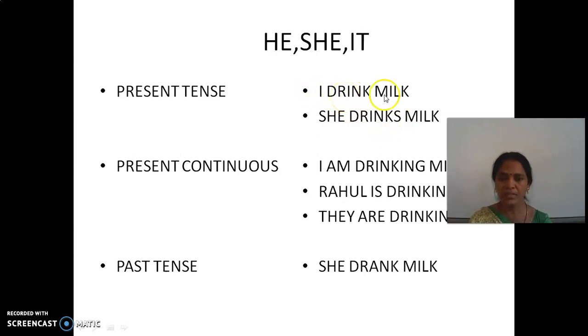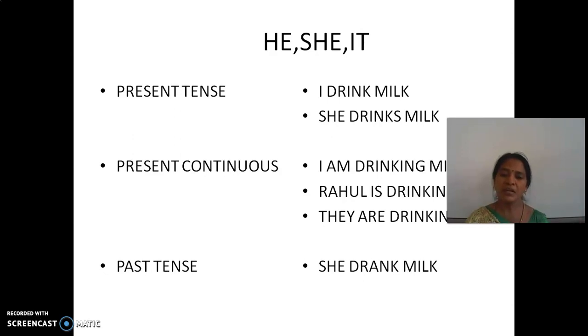I drink milk. When it comes to third person singular, she is third person singular, and we add s or es. She drinks milk. Present continuous tense, what are we doing? I am drinking milk. What happened to the main verb? It is taking the ing form.